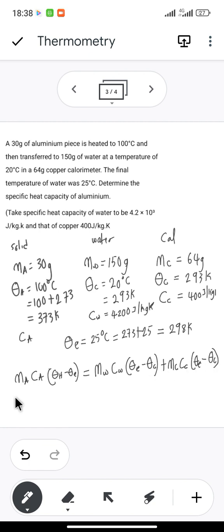Now, the mass of the aluminum is 30 times this. You're looking for C_A. This is 373 minus 298.